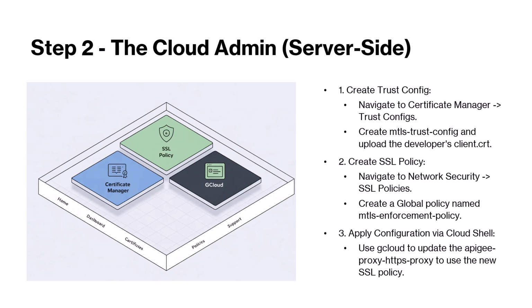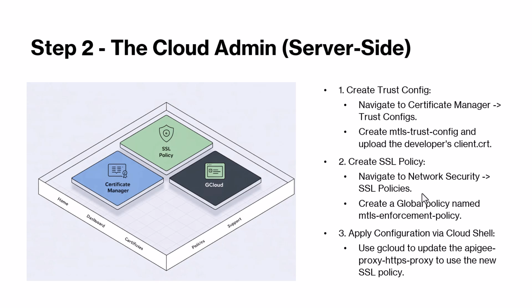Okay, so what we did, just for a revision, we configured the backend. First, we created the trust config by going to the certificate manager, and this is our modern trust store, trust config, and here we'll upload the developer's client certificate to mark it as trusted, which we did.